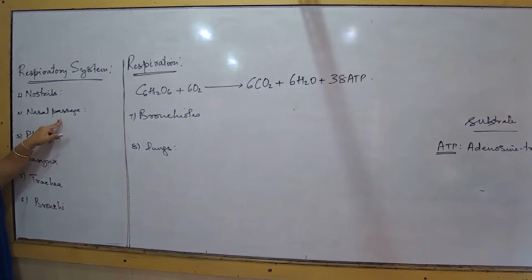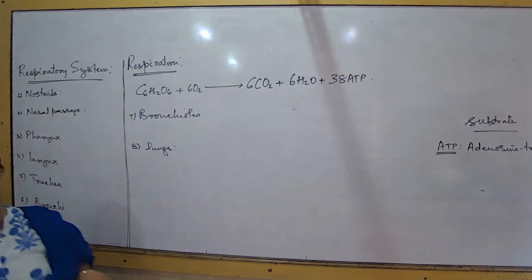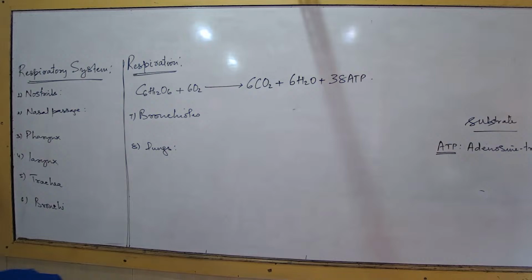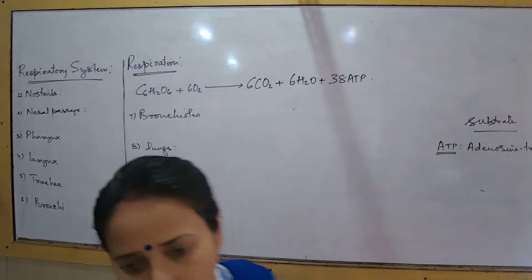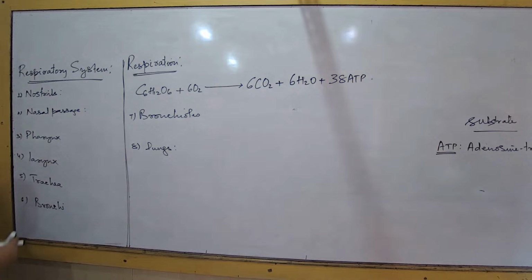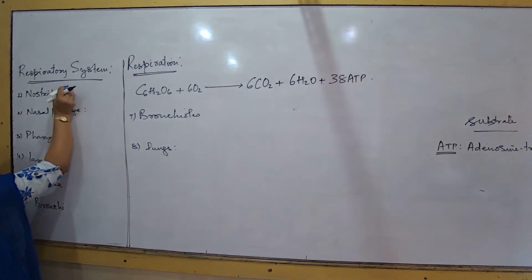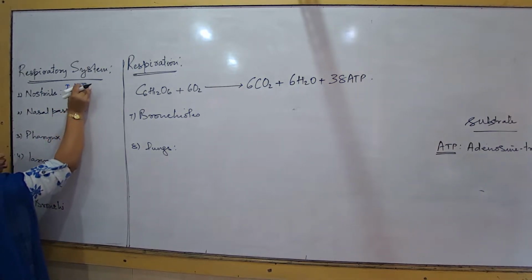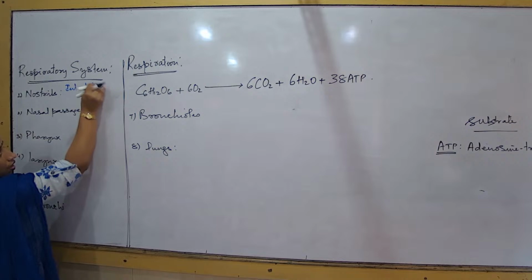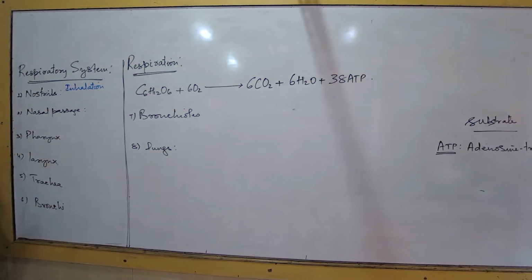So what is the basic function when we are talking about the nasal passage? Always remember, first of all, when we are looking into the function of the nostrils, what is the basic function of the nostrils, special characteristics of the nostrils? The nostrils basically carry out the process of inhalation. Any special feature of the nostrils to understand?